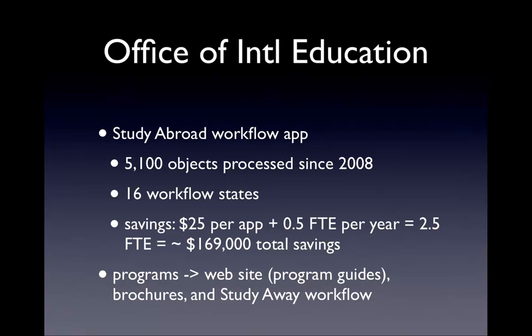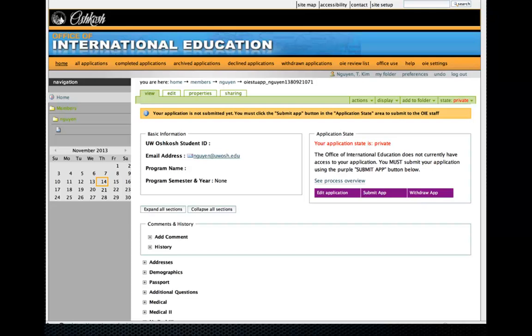And so she's doubling down on this and is continuing the full automation of her unit by taking Plone workflow features and developing a program management database, a program proposal and management review database that then spits out a website, program guide, plus brochures and workflow. So that's a really good example of how Plone goes beyond just publishing a page and folders and some images. It can be used to really automate a business.